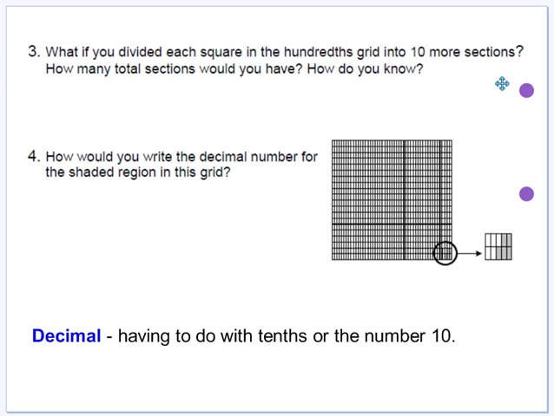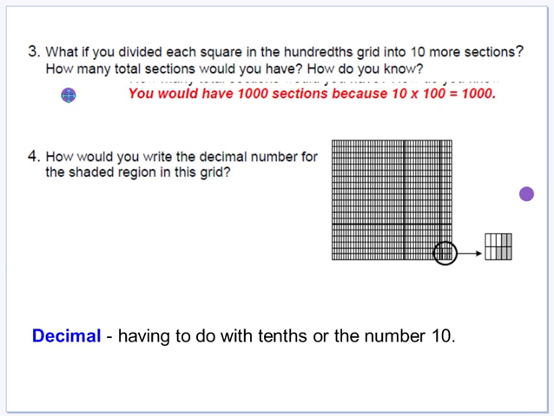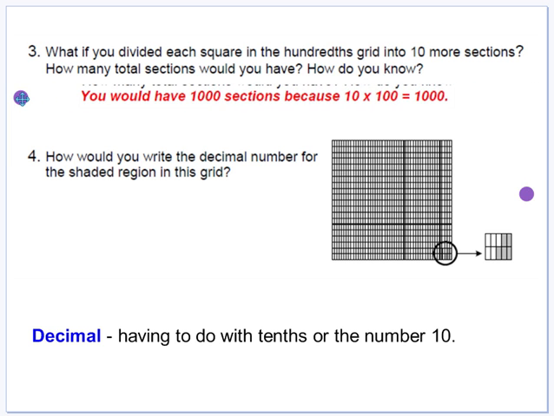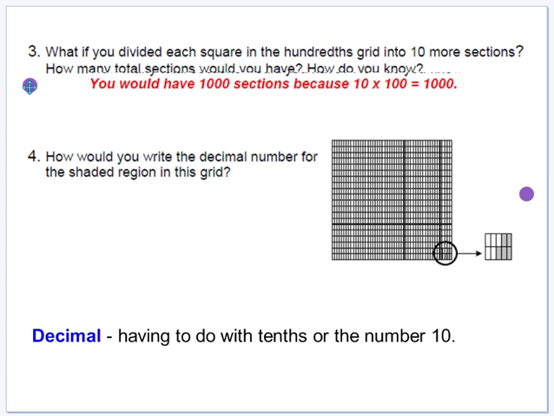So I think if we had 100 sections, and we're going to multiply them into 10 more sections, each one of them, we're multiplying 100 by 10, which is going to give us a total of 1,000 different things. Okay, so we'd have 1,000 sections.